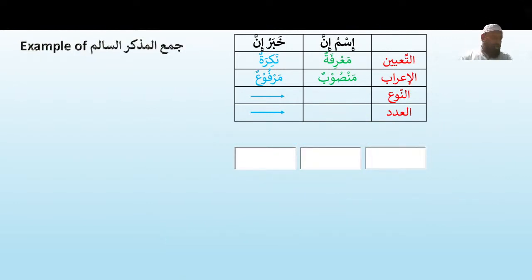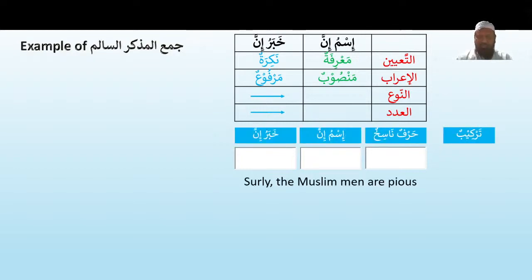جمع المذكر السالم. Example of جمع المذكر السالم. Let's look at the translation. Surely the Muslim men are pious. Inna, Muslim man, which is plural.